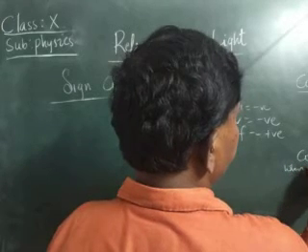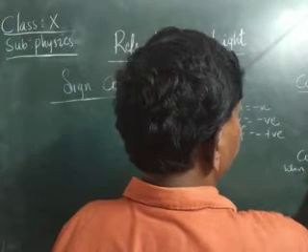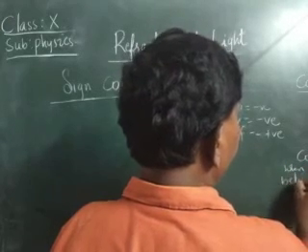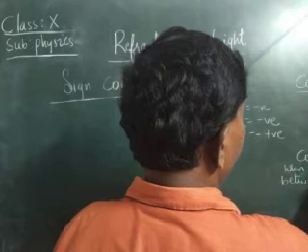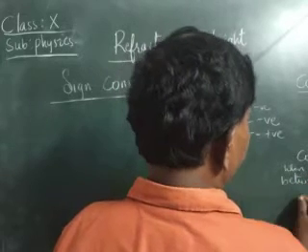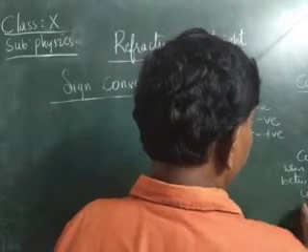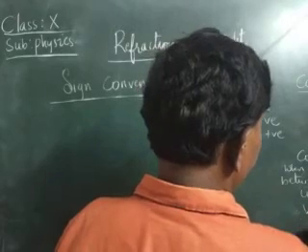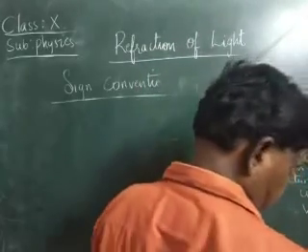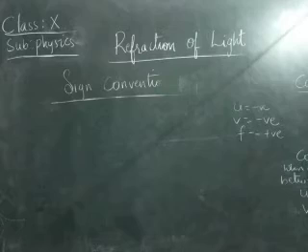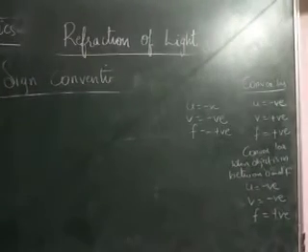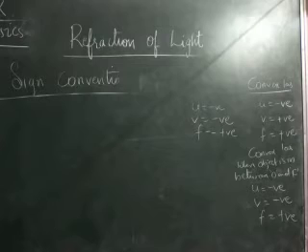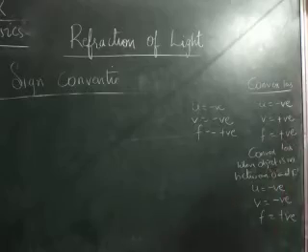When the object is in between O and F, u is negative, v is negative, f is positive. Okay, you should make a note of this one.